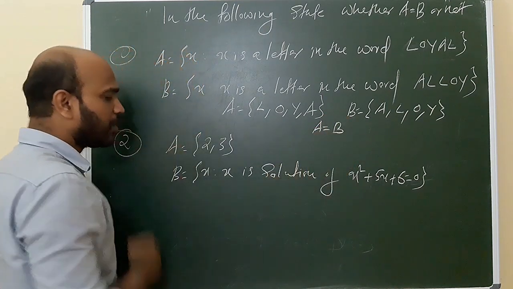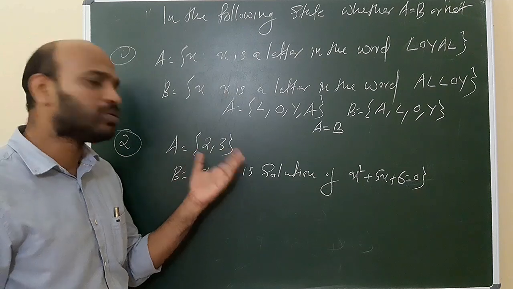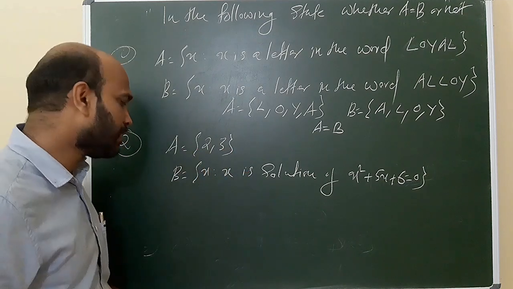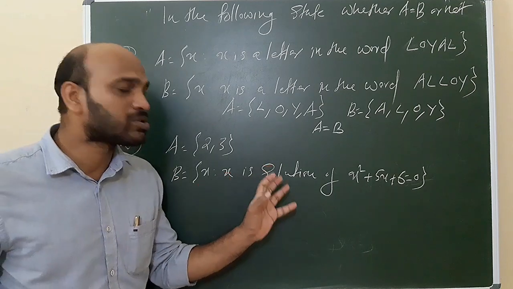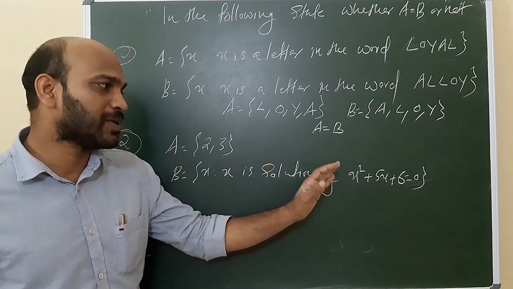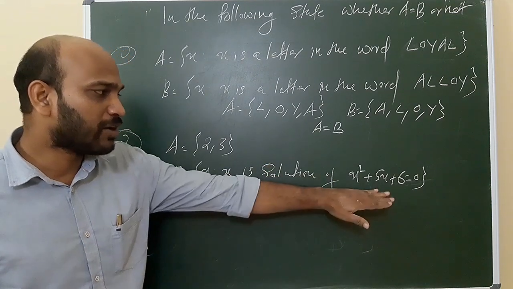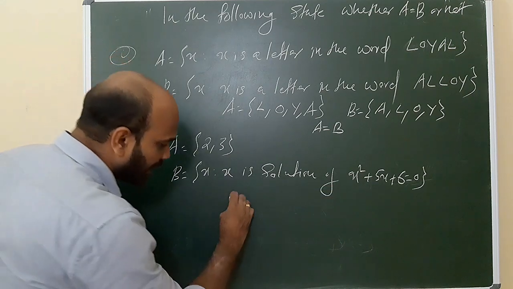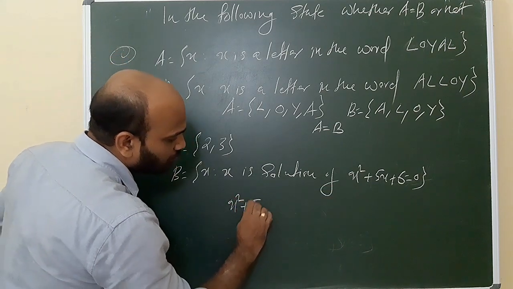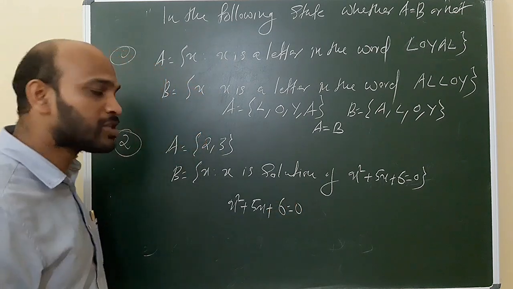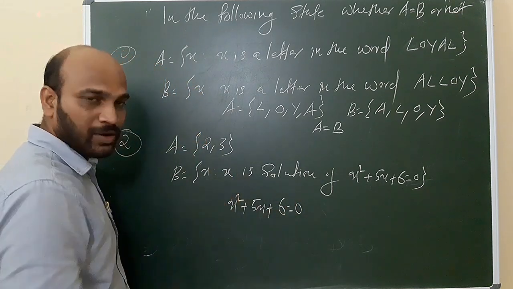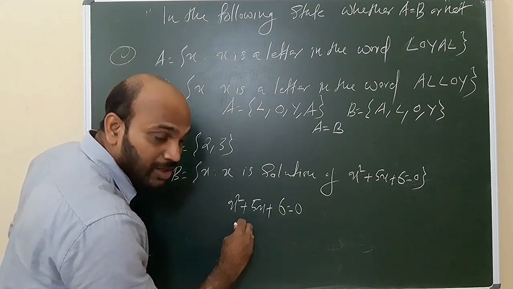Now second one. A equal to {3}, roster form is given. And B equal to the set of all x, x is a solution of x square plus 5x plus 6 equal to 0. That means you have to factorize this one. You have to find two numbers with product equal to 6 and sum equal to 5. So the two numbers are 2 and 3.